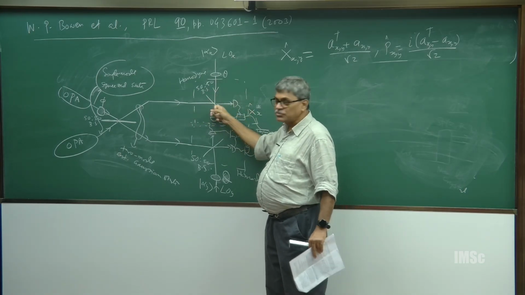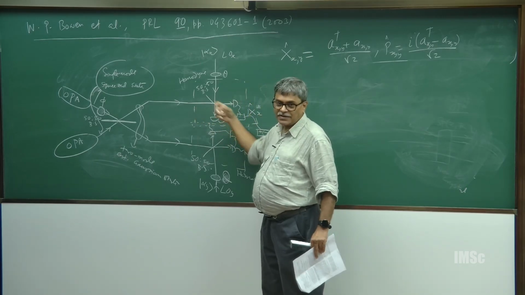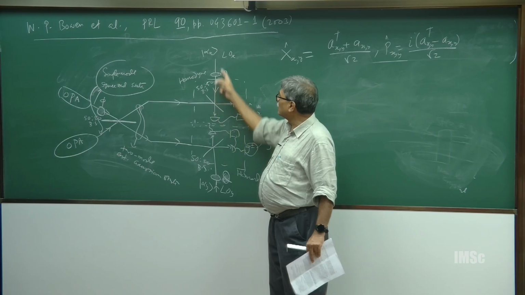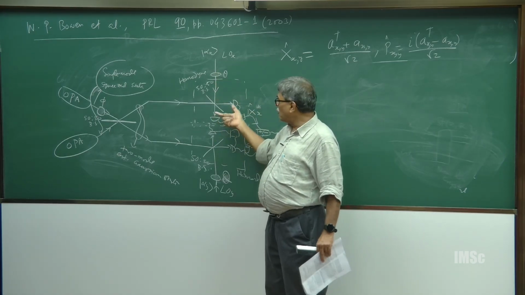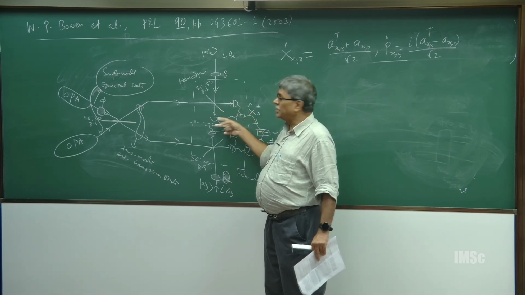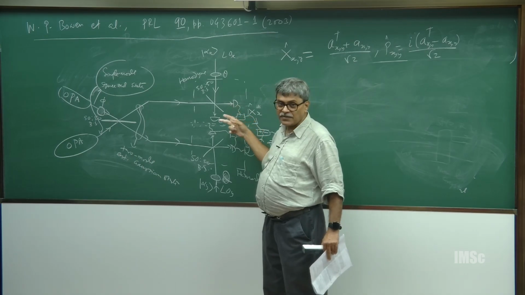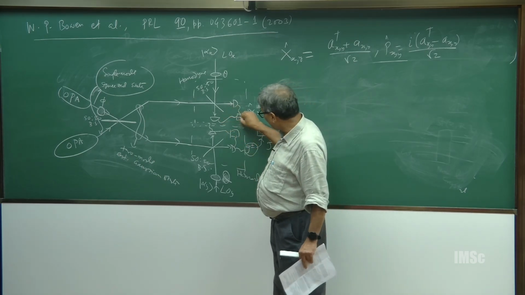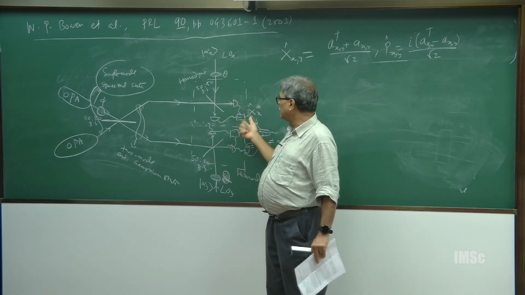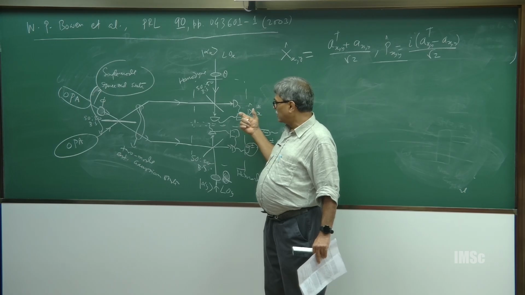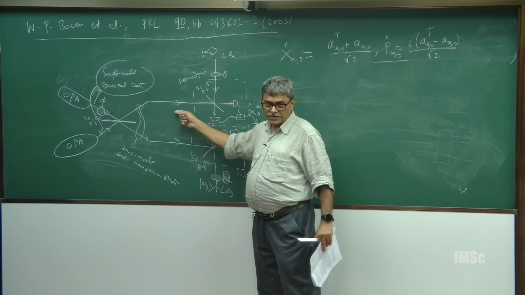So, here is your input state, which is some non-classical state, let us say, and here you have this local oscillator, which is a coherent state, and you meet them in the beam splitter. In the output you do the photo detection. So, intensity measurement, and if you take the difference, that is why I think it should be a minus sign, that will provide you basically the position quadrature of the state.